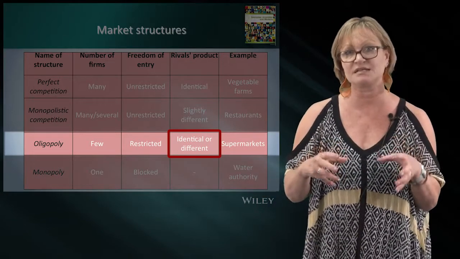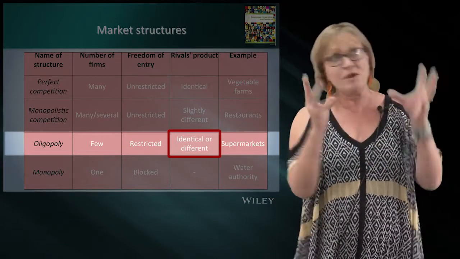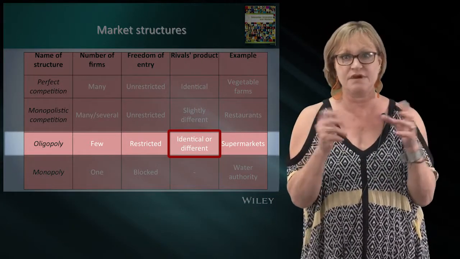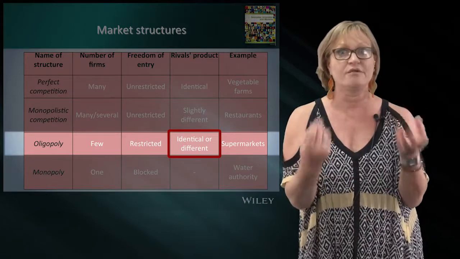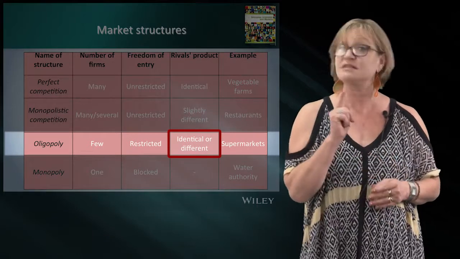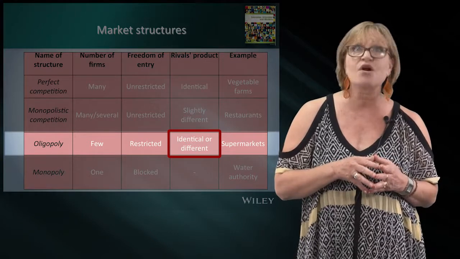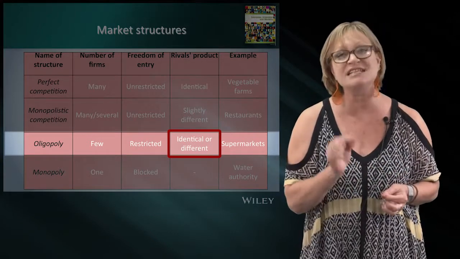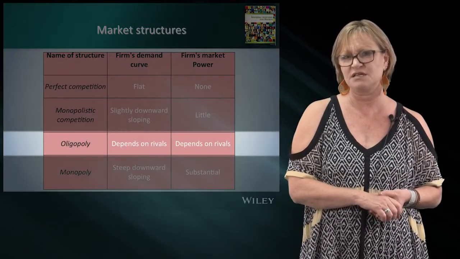The example here is a pretty good one. Think about supermarkets. It's really not that easy to whip up a supermarket anywhere around the place, as much as it looks like it is with the way they explode around the new developments, but it's not that easy. And just for a little bit of trivia, your average supermarket probably carries up to 70,000 different product lines. Think about that. That's no easy feat.